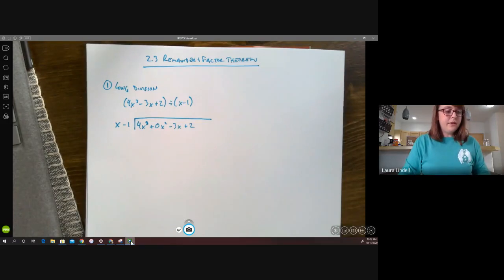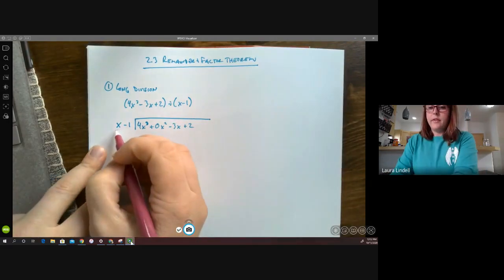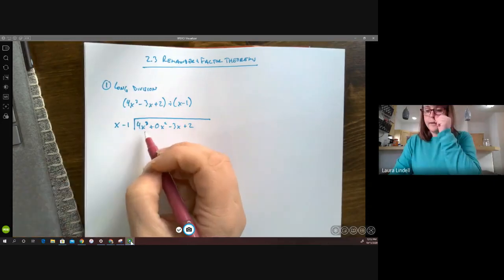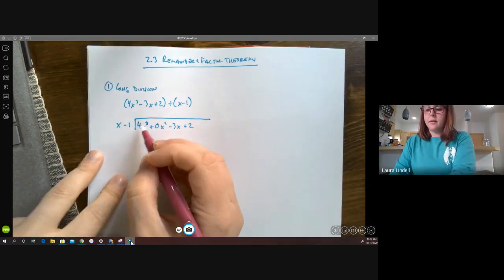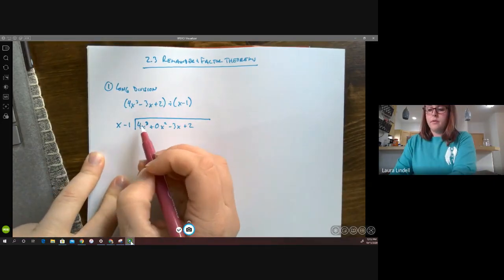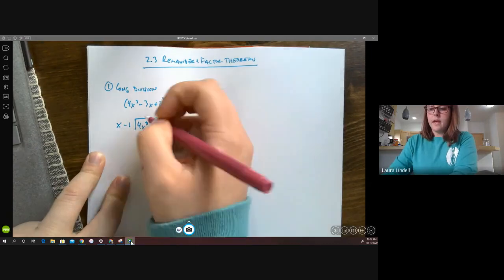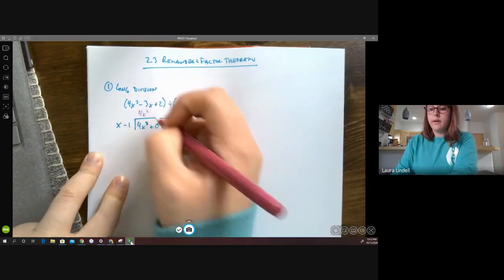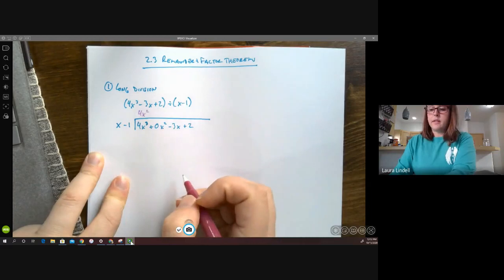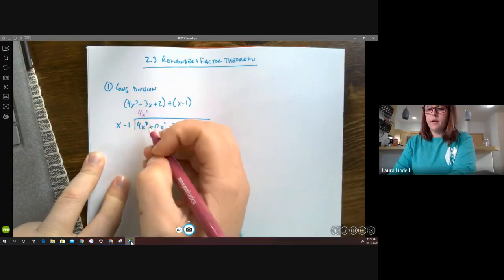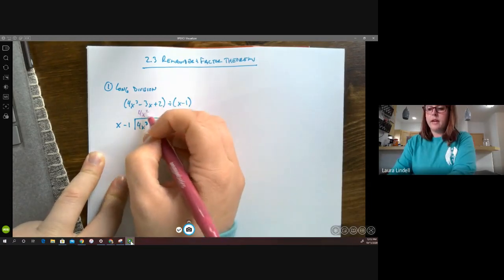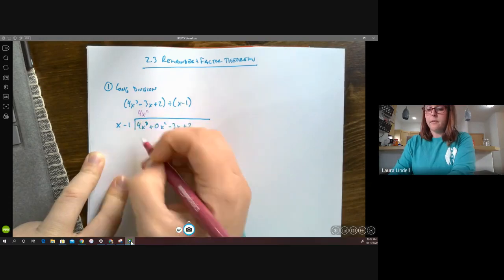So when we're doing long division, we think, okay, what would I have to multiply this x by to get 4x to the third? Well, x times 4x squared gives me 4x to the third. So I write 4x squared up here, and then I multiply this 4x squared by each of these terms.